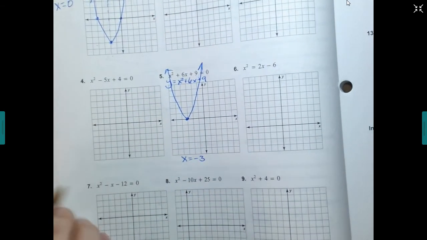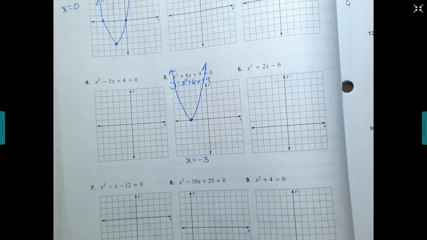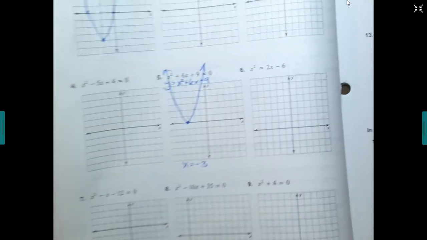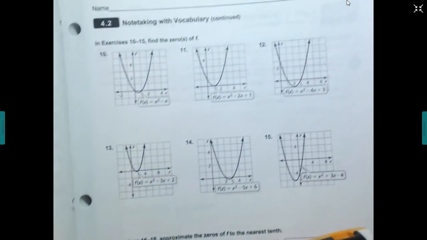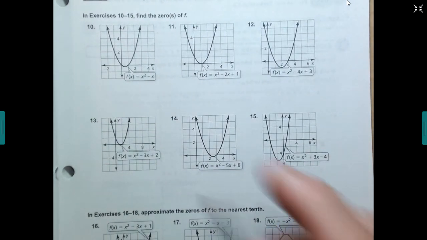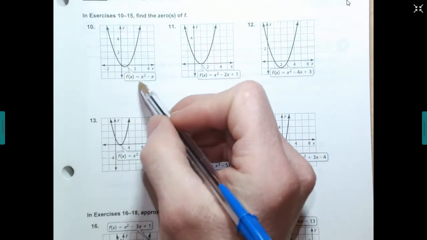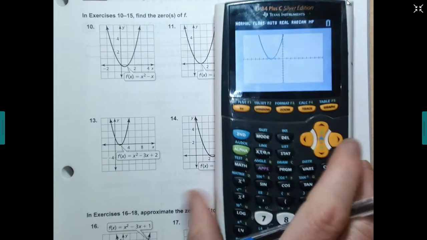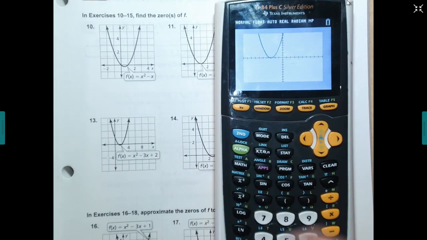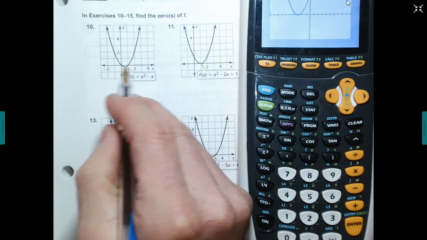And then after that, you're going to go in and do, oh, well, hold on. Let me show you these over here. So here, you're going to find the zeros of the function. Oh my gosh, where are the zeros? Oh, okay, here's our function. So I could put it in here, but what it's going to give me is this graph right here. So, well, gosh, I already know my zeros.